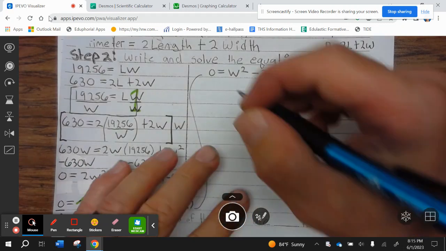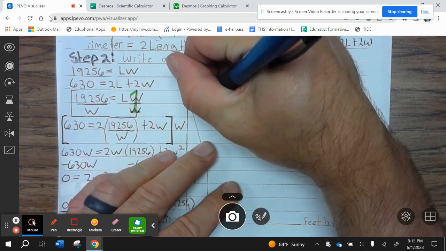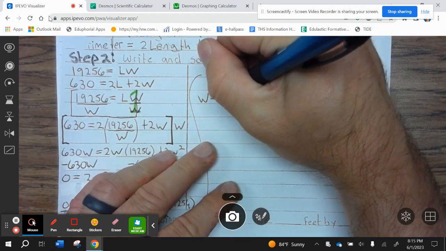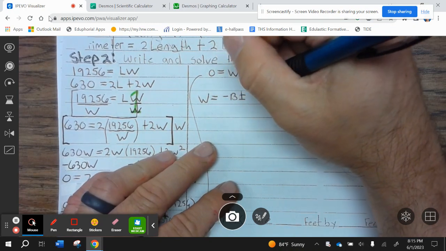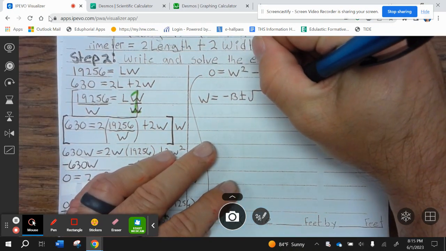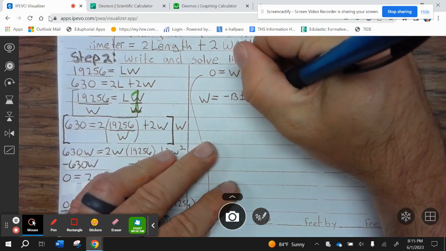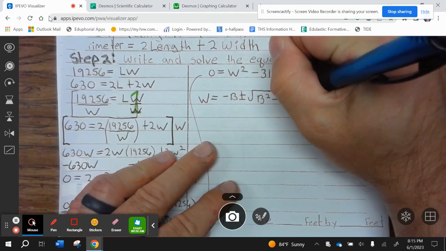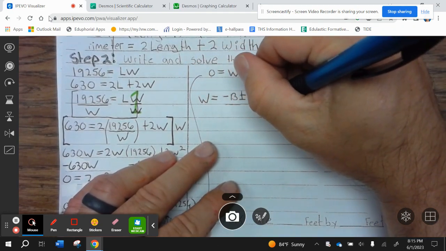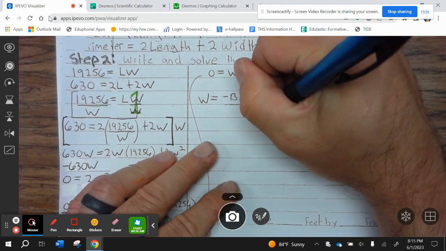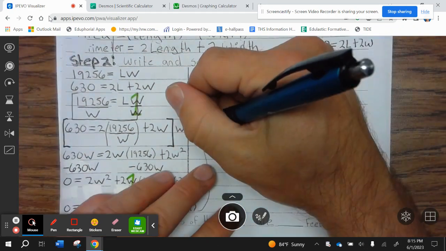Okay. Now, like before, we're going to use, not Pythagorean theorem, I'm sorry, the quadratic formula. So w equals negative b plus or minus the square root of b squared minus 4ac, divided by 2a. We plug everything in.